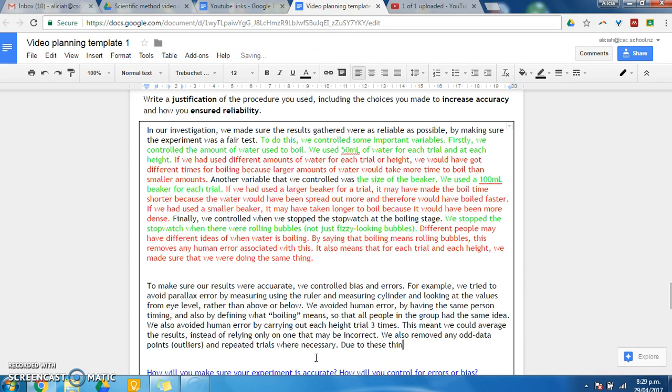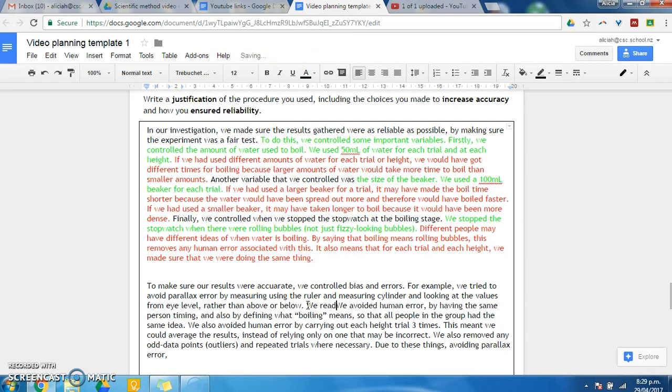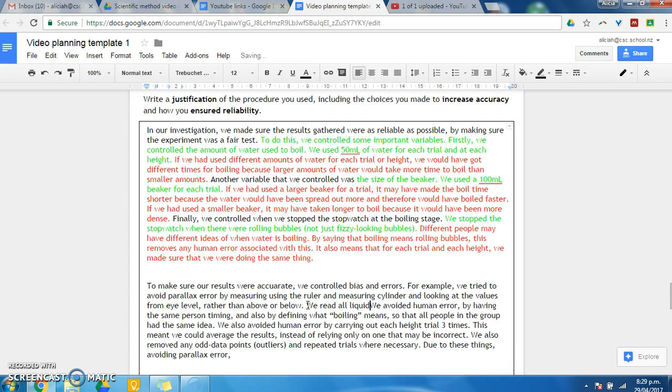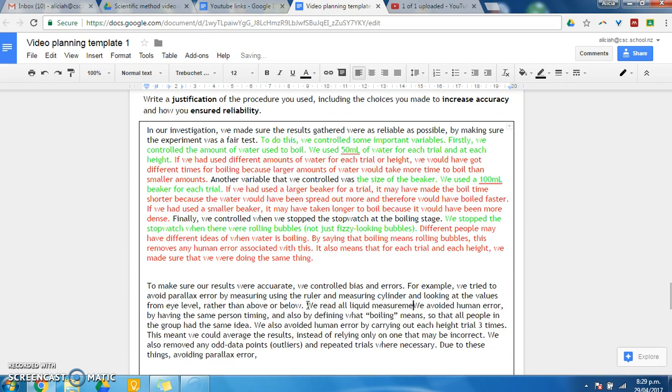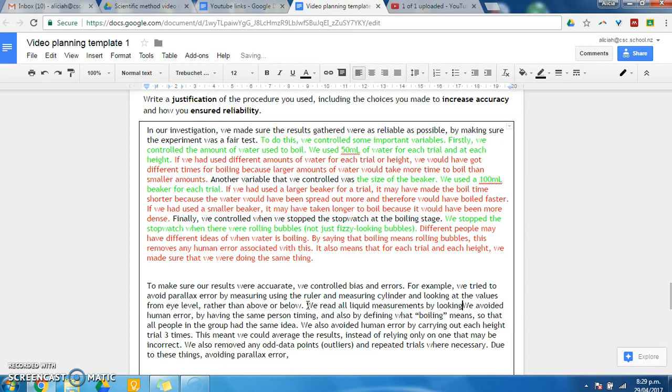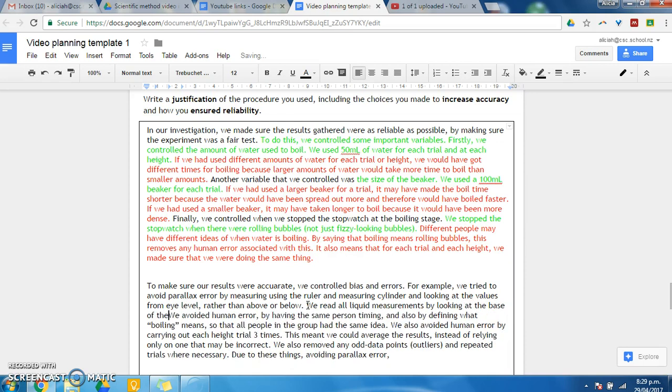These things, avoiding error. Now we also missed out something here about meniscus, so we can put this in here. We read all liquid measurements by looking at the base of the meniscus.